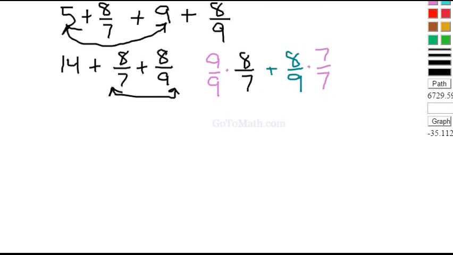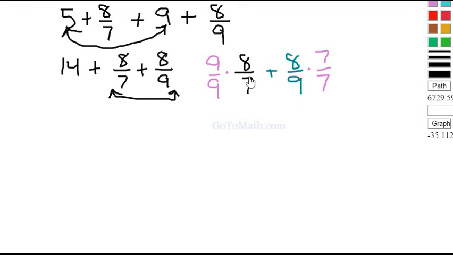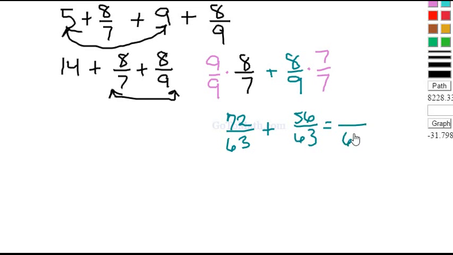Now what we've got going on here is 9 times 8, which is 72, over 9 times 7, which is 63, plus 8 times 7 is 56, over 63. And of course we have a common denominator. That was the whole idea, right?